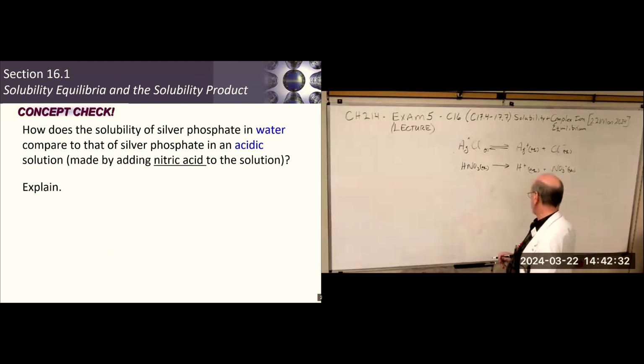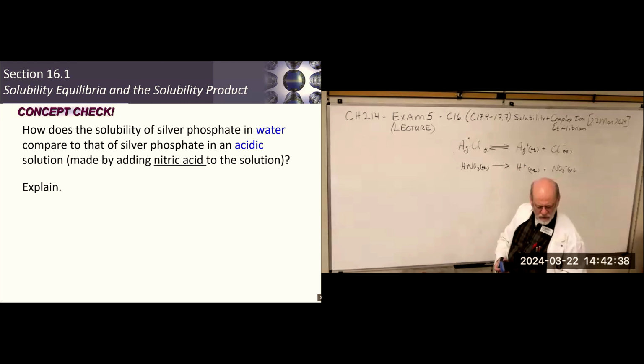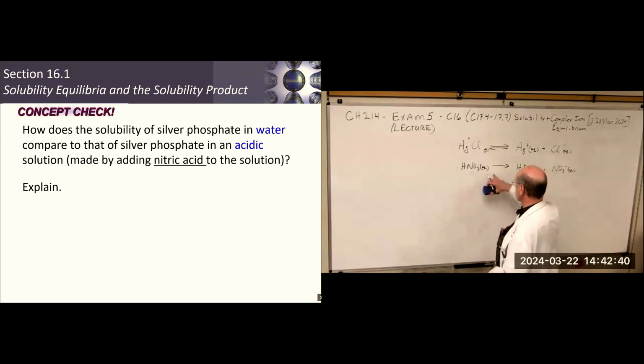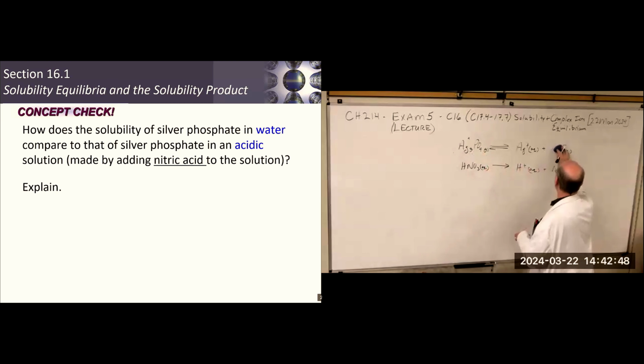Okay, silver phosphate. Maybe I should have left that up here. Acidic solution with nitric. So I'm going to leave this one here. And now we're going to talk about phosphate. There we go. And we'll make phosphate over here, PO4 3 minus.